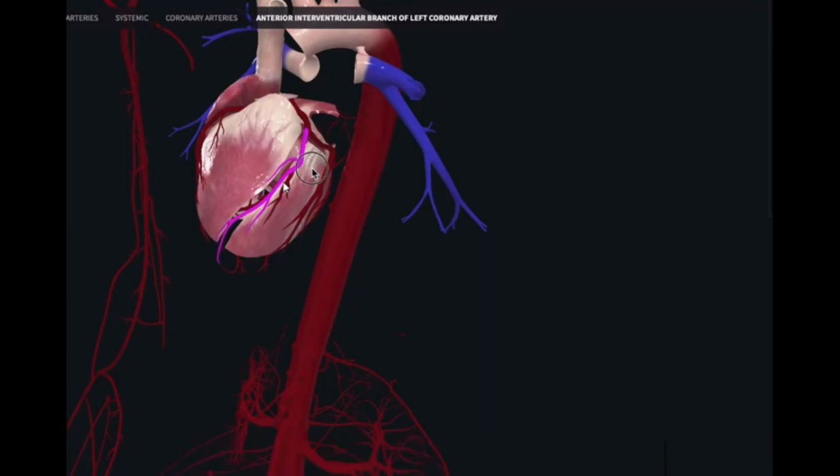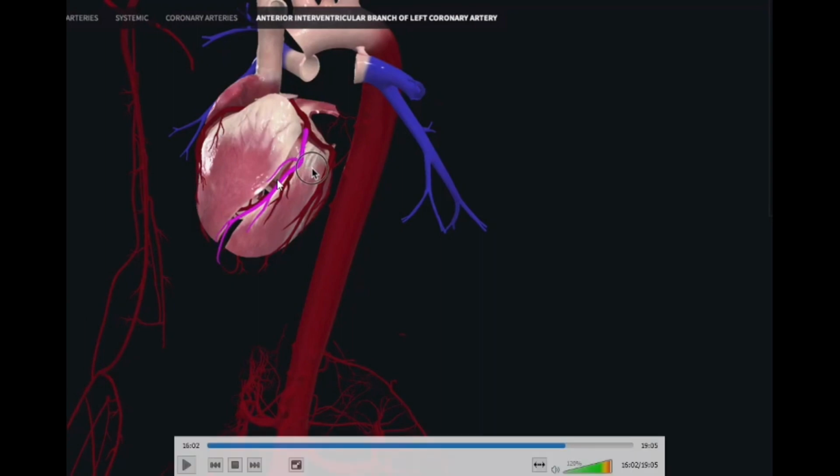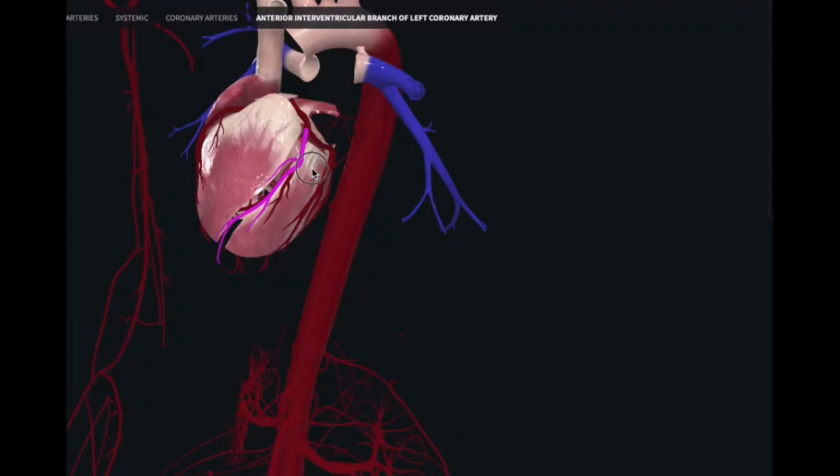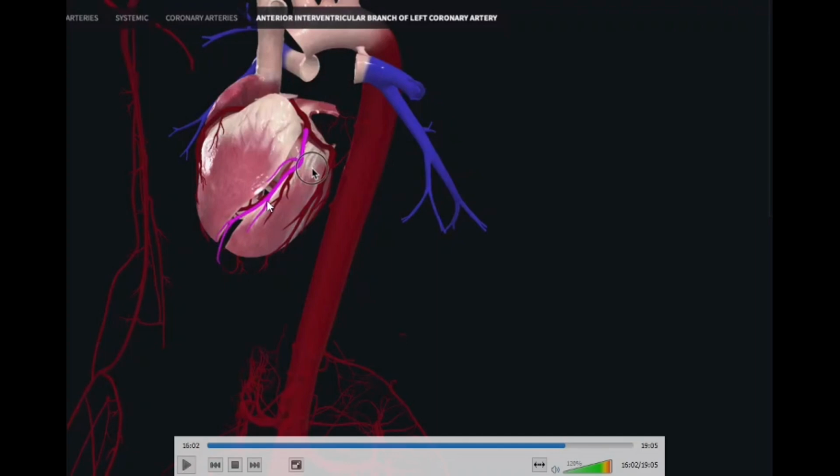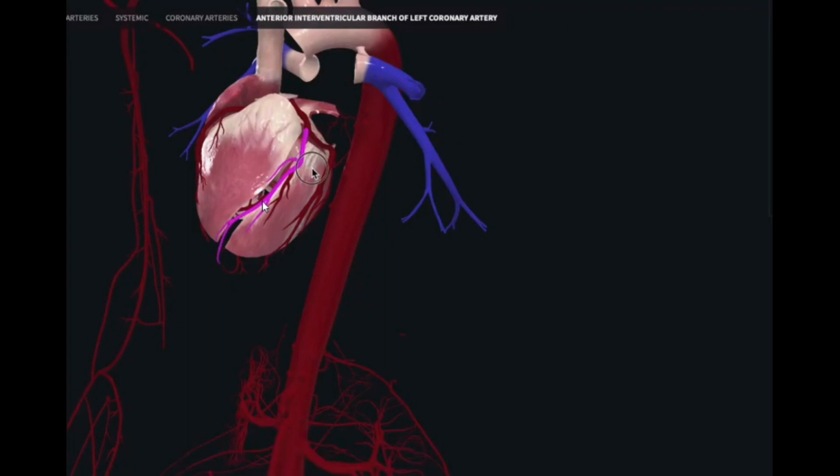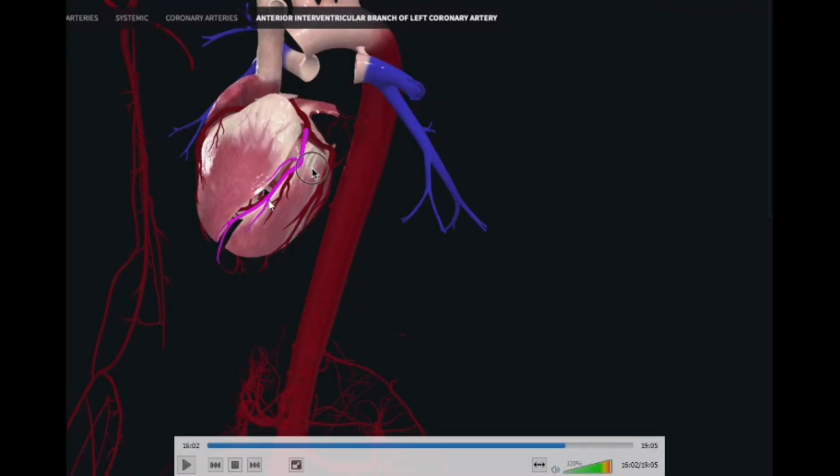The LAD also supplies the anterior 2/3 of the interventricular septum. This anterior interventricular branch of the left coronary artery is the most important branch. Why is it important? Because the majority of patients who suffer from myocardial infarction have a blockage in this LAD. So this LAD is the most important branch of the coronary artery, because most of the time a blockage in the LAD causes the myocardial infarction.